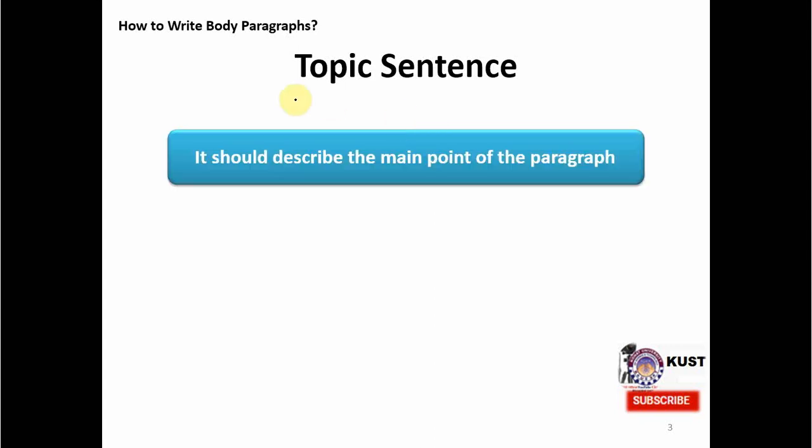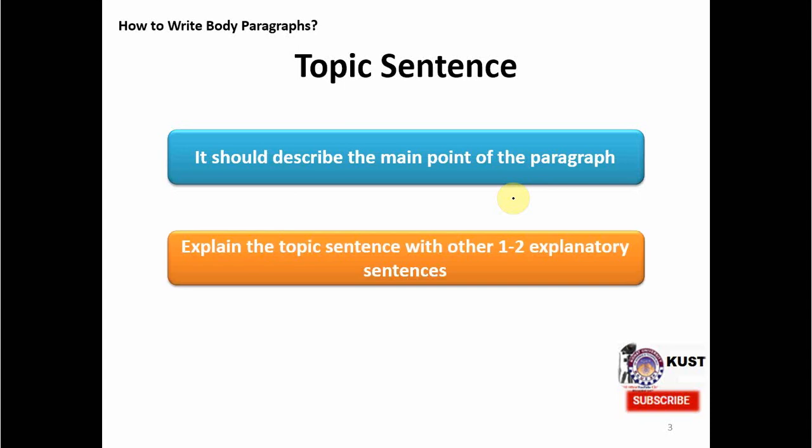So it should describe the main point of the paragraph. What's the main point? What do we want to say? What is our claim? And if one sentence is not enough for introducing our claim, then we bring in 1 to 2 more sentences that are explanatory for the main topic sentence.